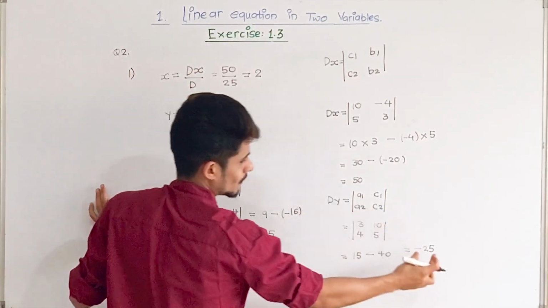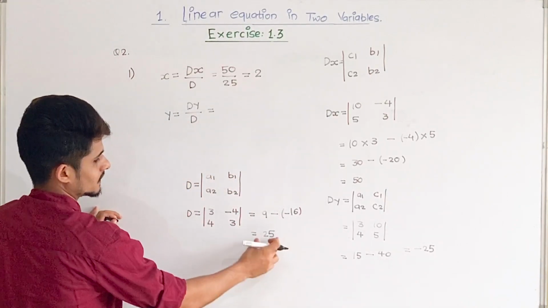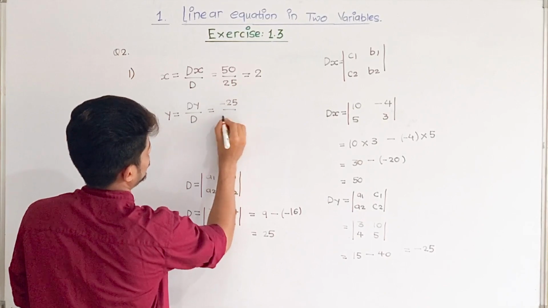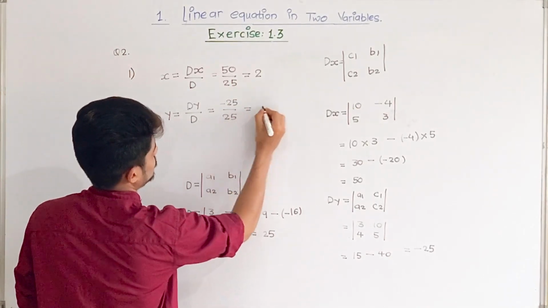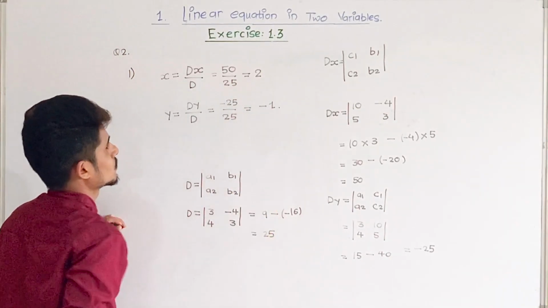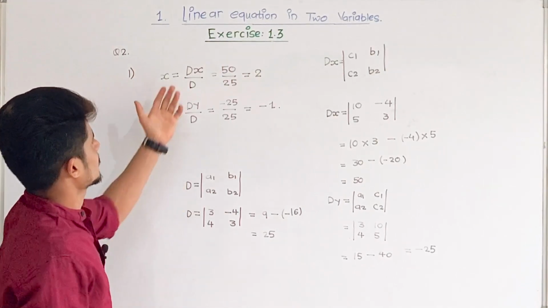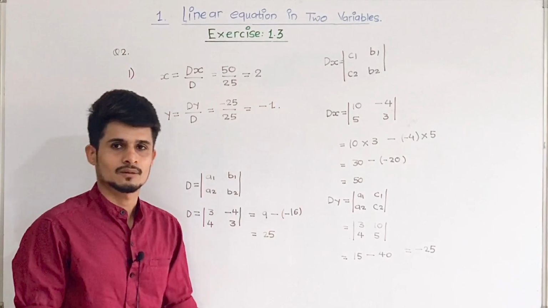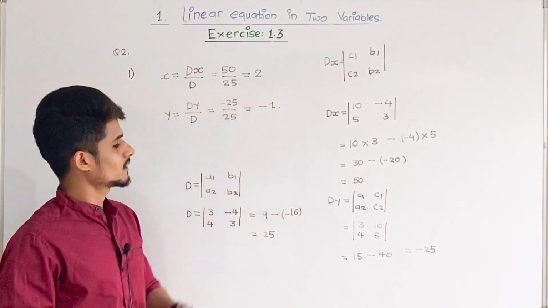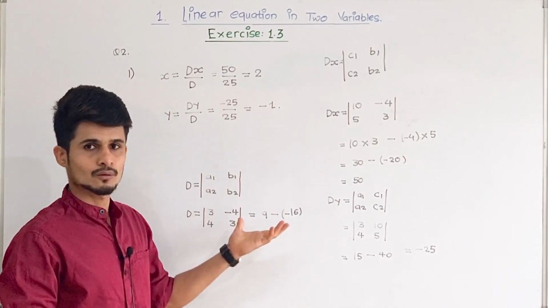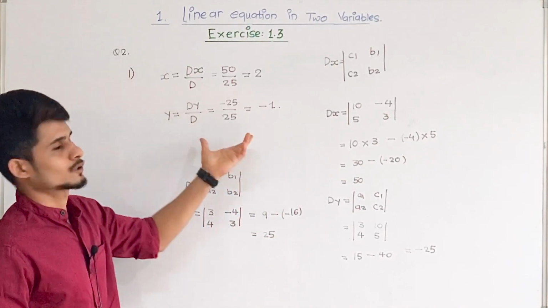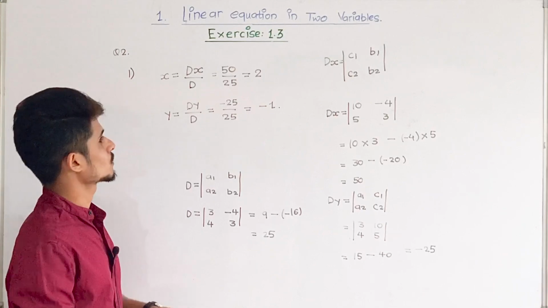So determinant of y is minus 25 and the determinant is 25. Minus 25 upon 25 is equals to minus 1. So the value of x and y is x is equals to 2 and y is equals to minus 1. So this was the determinant method or Cramer's rule to solve the simultaneous equation. It was question number 1. Now we'll solve question number 2.